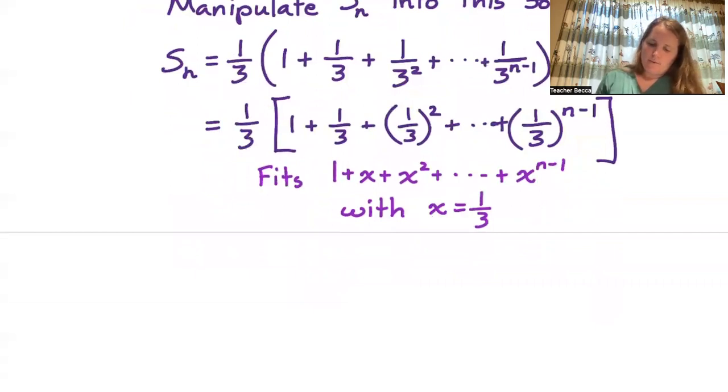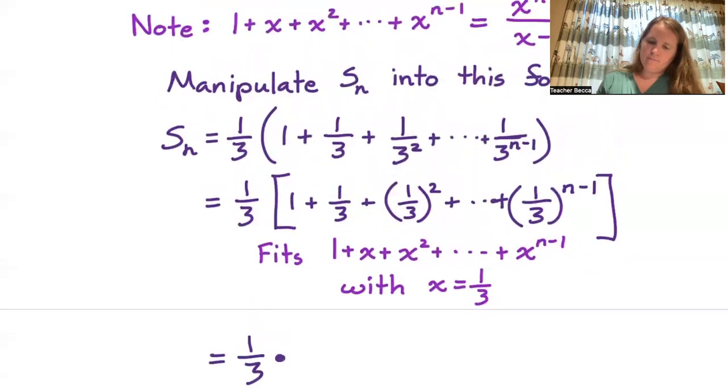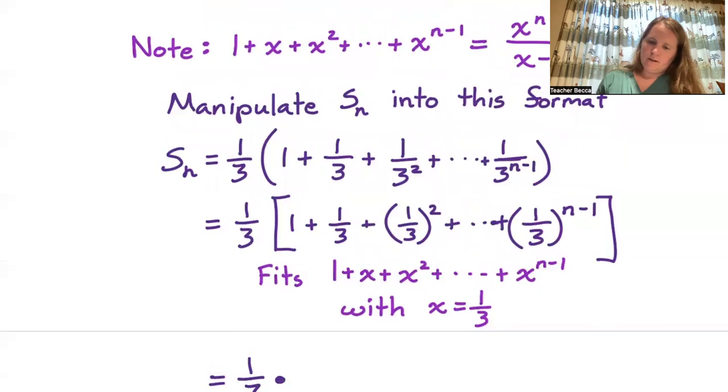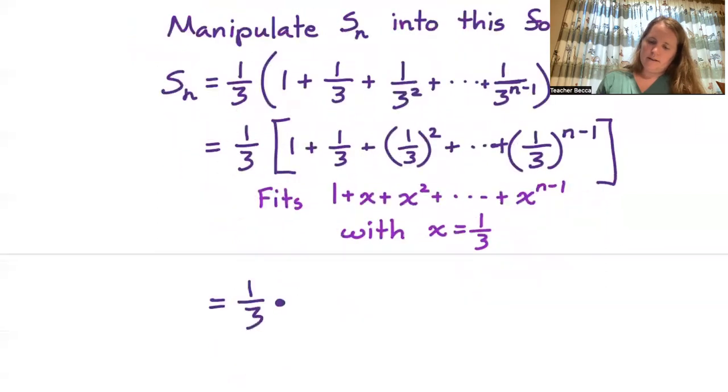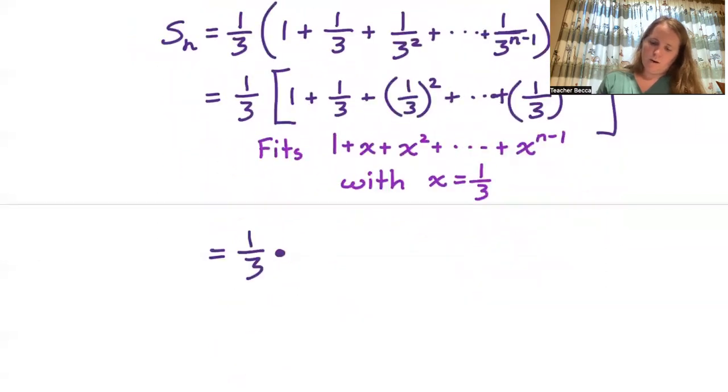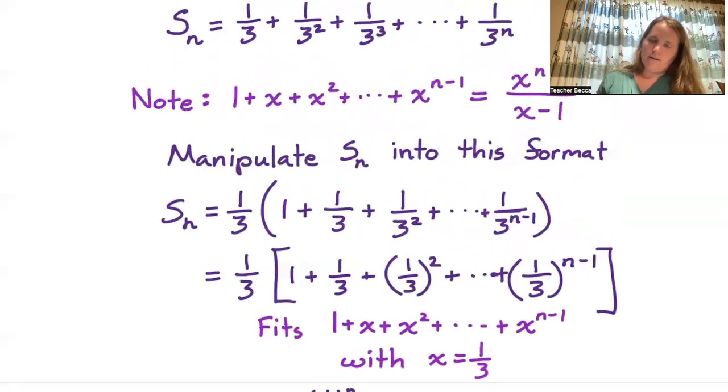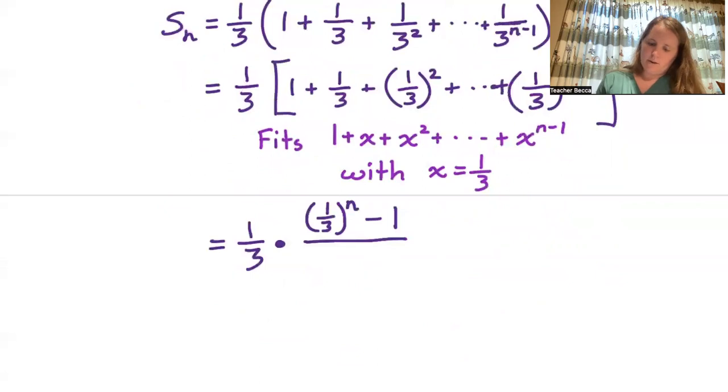So this is equal to, we have our 1/3 out front, then we multiply by x to the n minus 1, so 1/3 raised to the n minus 1, and then all over x minus 1, so 1/3 minus 1.